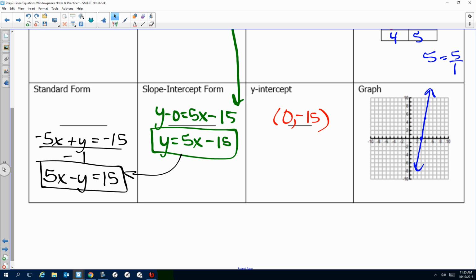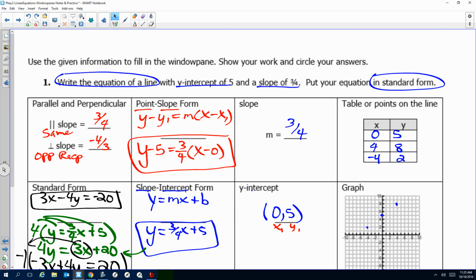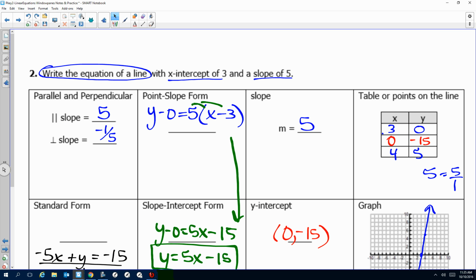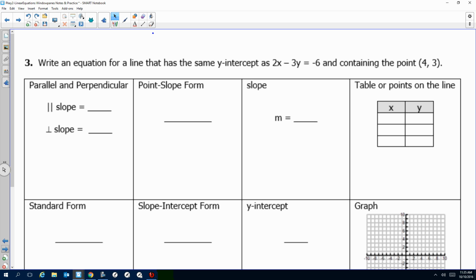All right, there's number 2. Okay? All right, 3. I want you to try 3. I'm gonna put up some key information, and then we're gonna see if we can fill in our blanks, our boxes. Yeah, 0 for the x always. So the key thing, and I'm just gonna see if y'all can take what's given. Same y-intercept as the equation, and they gave us the point for 3.